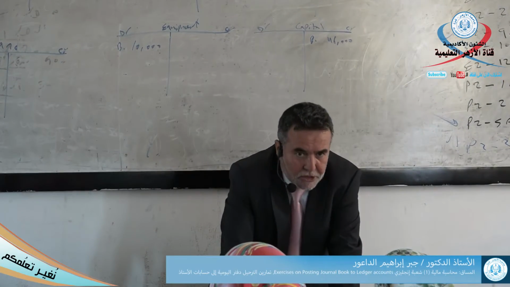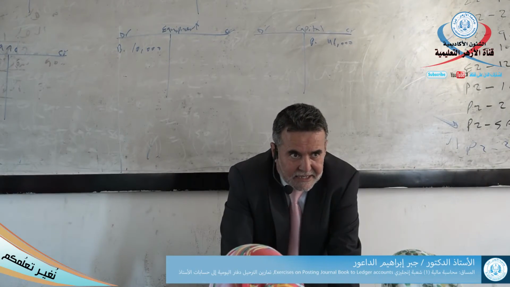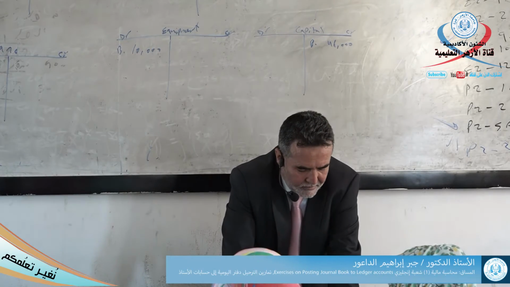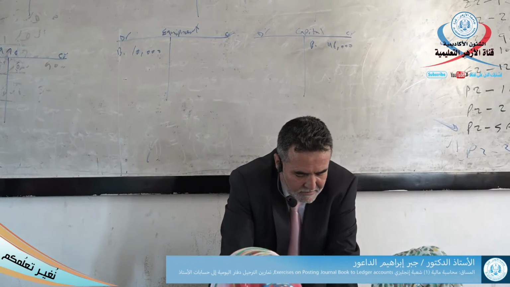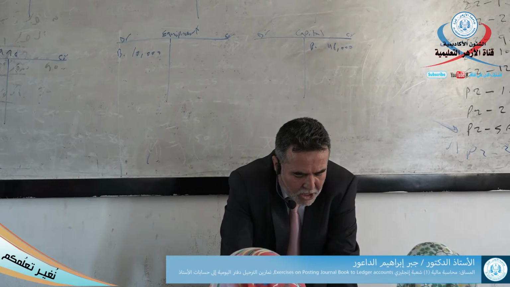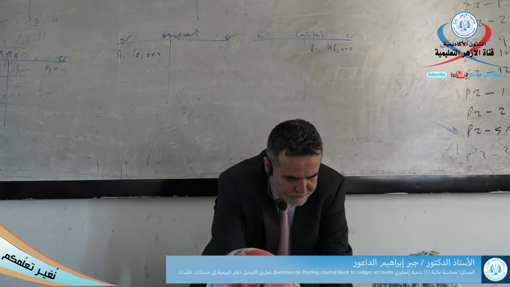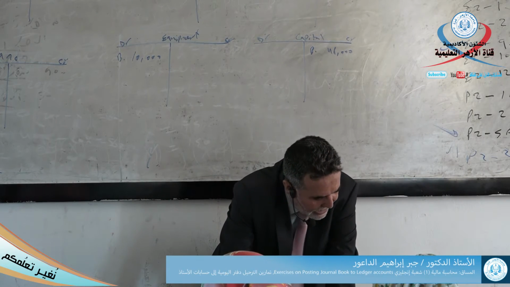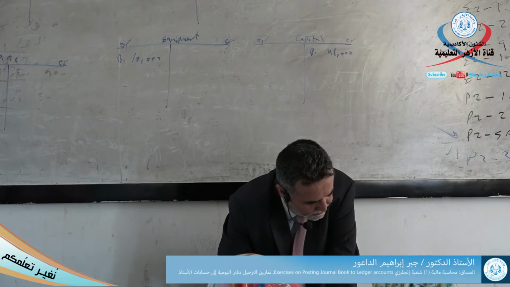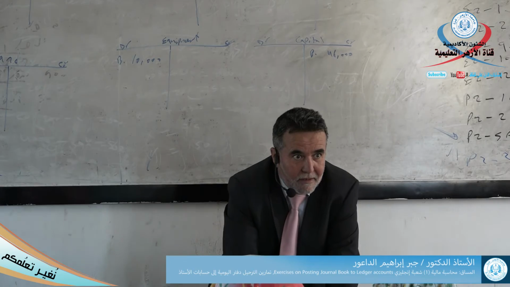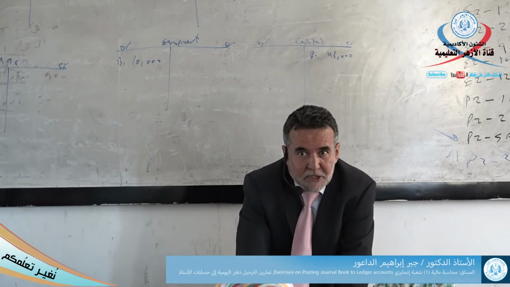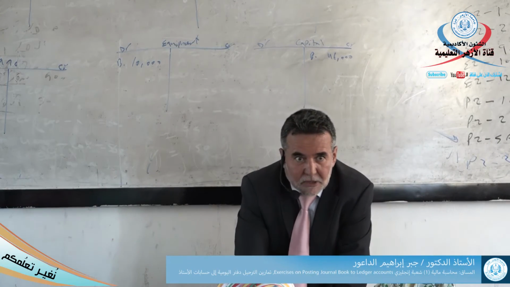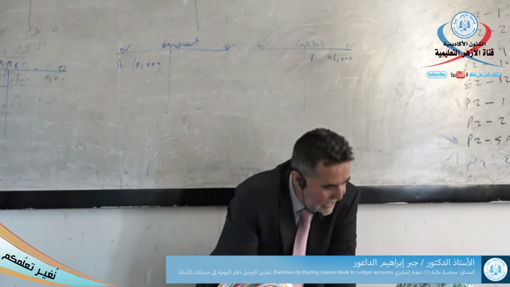Also another transaction in the same date, 20. Received the Lord of the Rings movies and paid the rental fee 2,000. Paid 2,000, so the cash will be decreased, so it will be a credit CR.